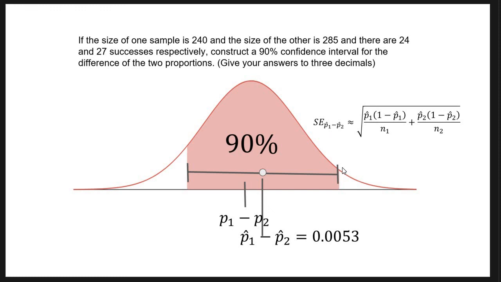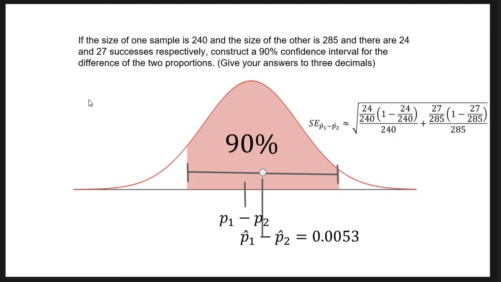Because I know it's going to be normally distributed if the success-failure condition is met, I'm looking at a normal distribution with a standard error equal to this: P1 hat times 1 minus P1 hat over the sample size 1, 240, and then P2 hat times 1 minus P2 hat over the sample size 2.